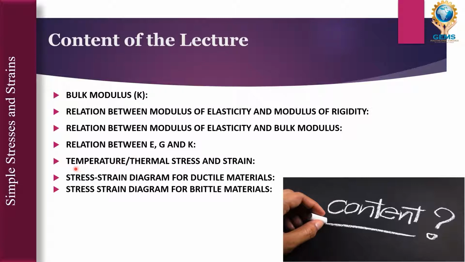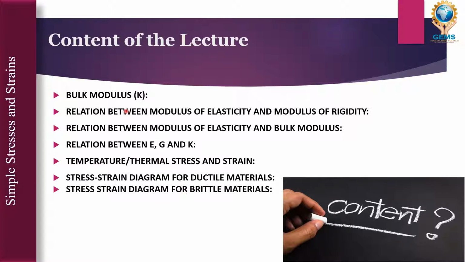And next one is temperature or thermal stress and strain. And the next one is stress strain diagram for ductile material, and the last one we will see throughout this lecture, stress strain diagram for brittle material.